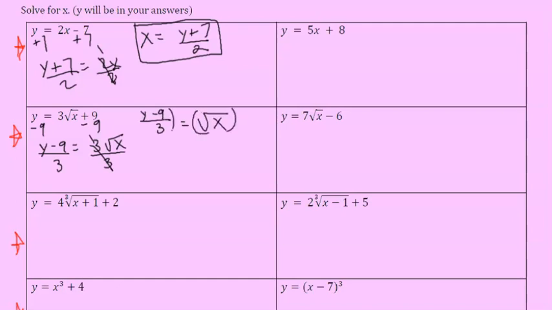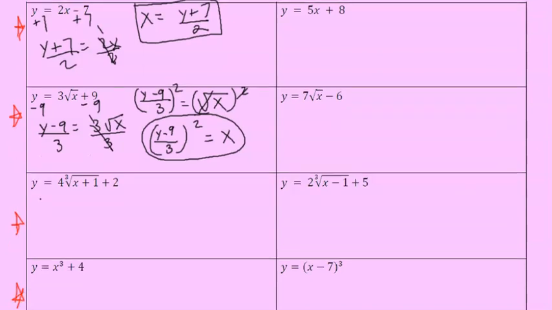To get rid of a square, we exponentiate each side by 2. So then we have y minus 9 over 3 squared equals x. Pause the video and try the next one. Y equals 7 square root x minus 6.